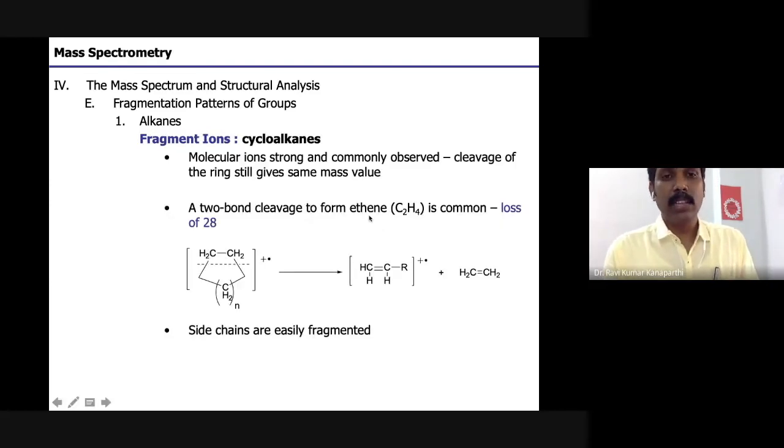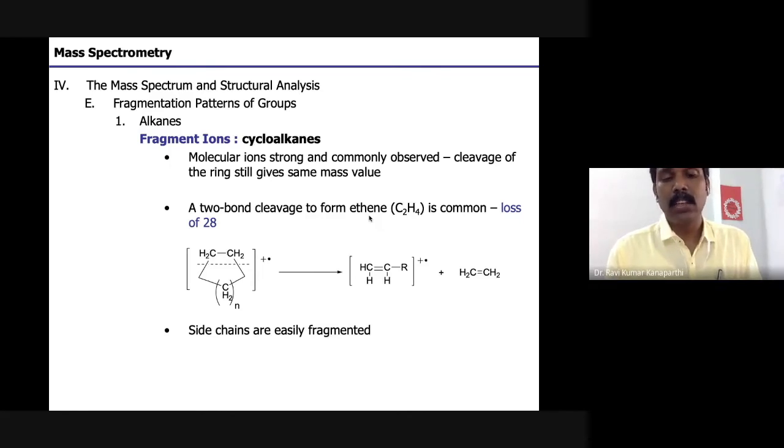And for cyclohexanes, usually we will see a strong molecular ion, and cleavage of the ring still gives the same value. Okay, sometimes the ring will be cleaved, but still we do see the molecular ion for the cyclic alkanes.